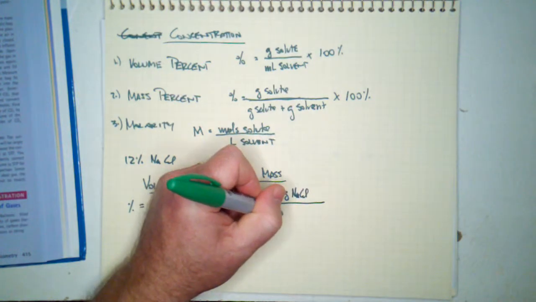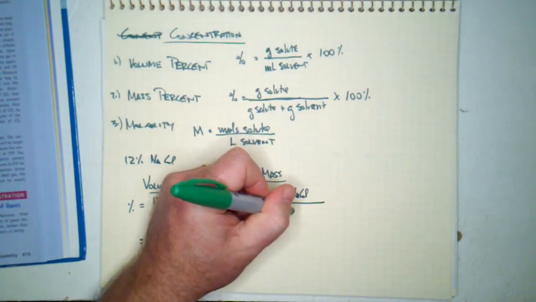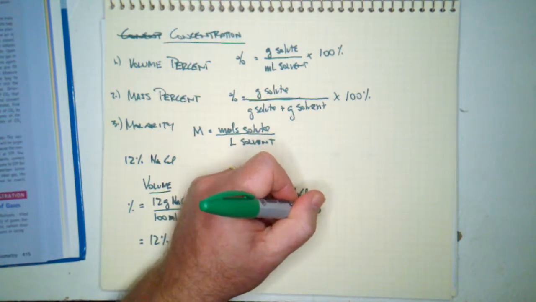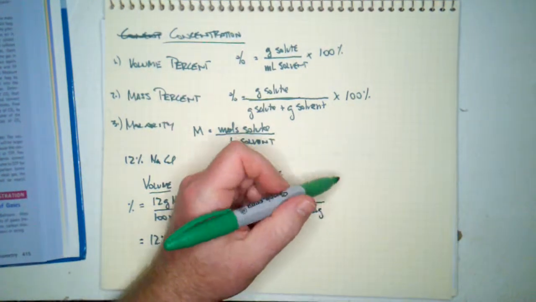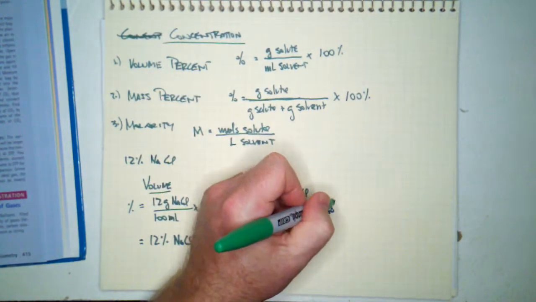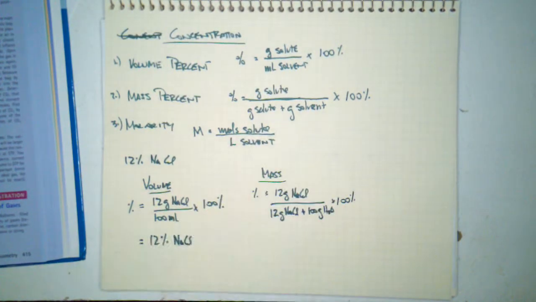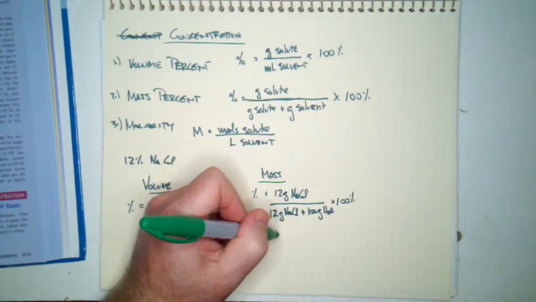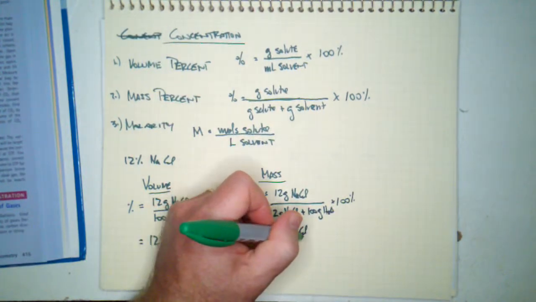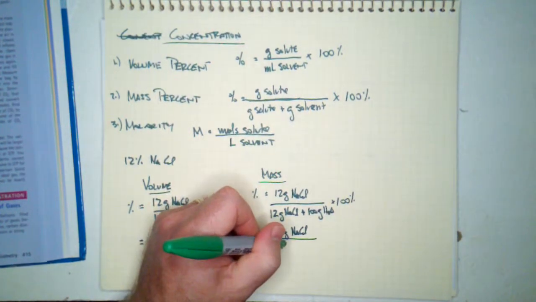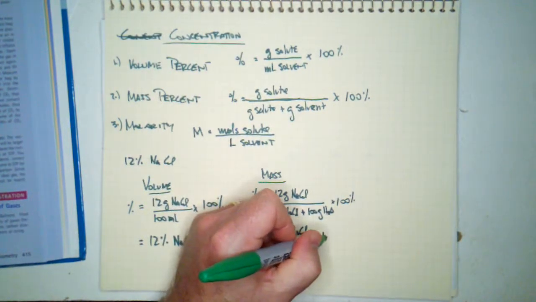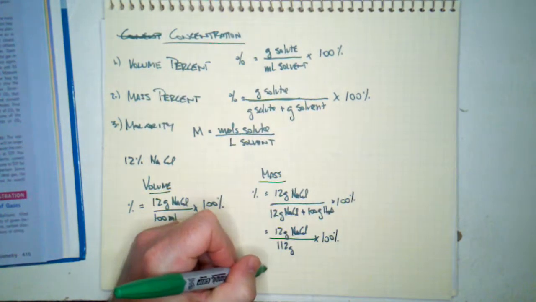Divide that by 12 grams sodium chloride plus 100 grams of water times 100%. So that would be 12 grams sodium chloride divided by 112 grams of solution times 100%.